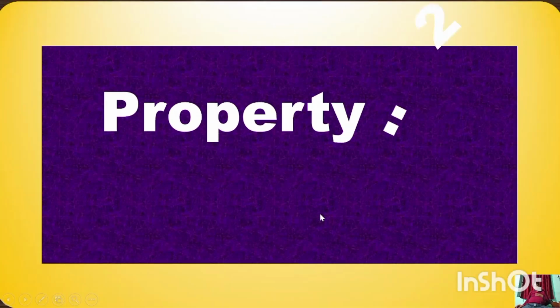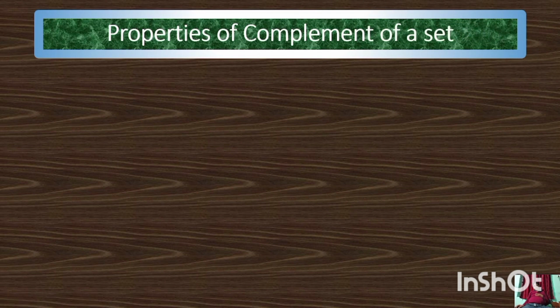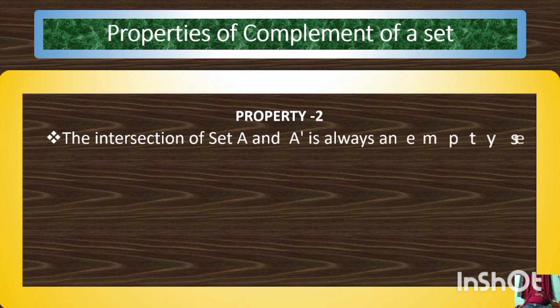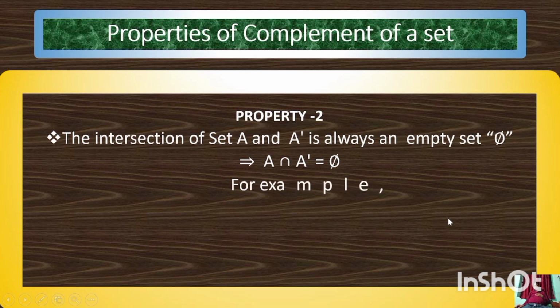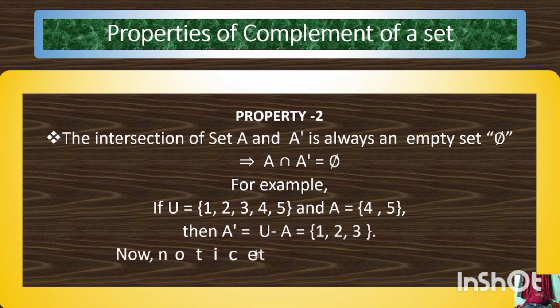Similarly, property 2: A intersection A dash is a null set. For example, here is the universal set, and you have taken another set A, and here A dash is equal to U minus A. The elements are 1, 2, 3. Now you have to notice that A union A dash is equal to the universal set, yes or no?